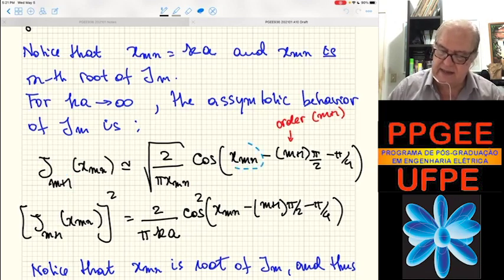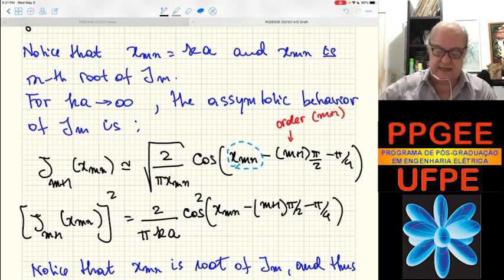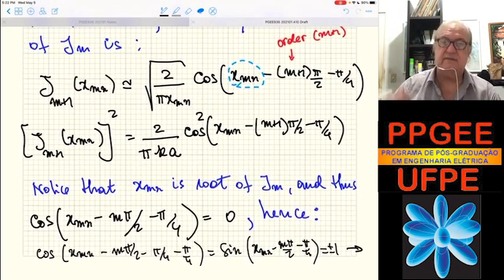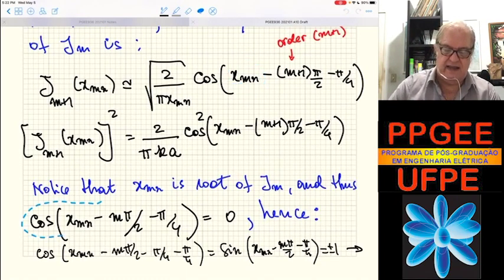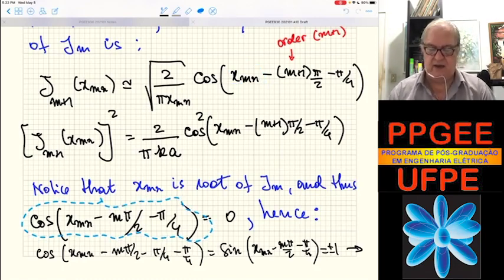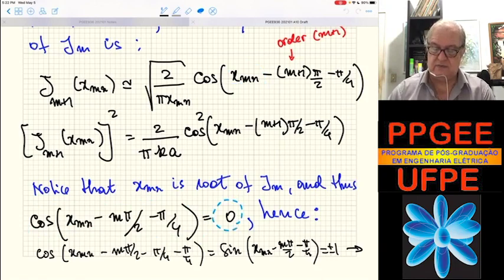But xmn is the root of jm, so it means that the cosine of xmn minus m pi over 2 minus pi over 4 equals 0.